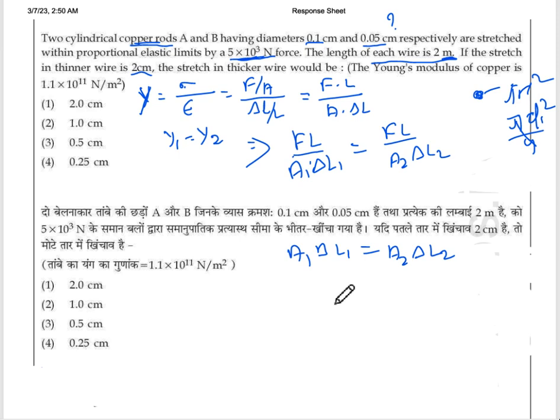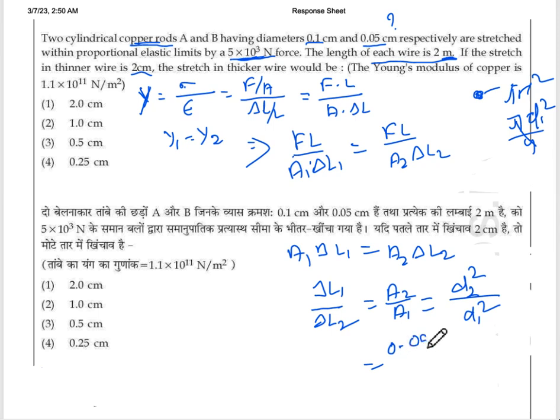So I can simply write delta L1 by delta L2, which is A2 by A1, equal to d2 square by d1 square. So d2 is 0.05 square by 0.1 square.